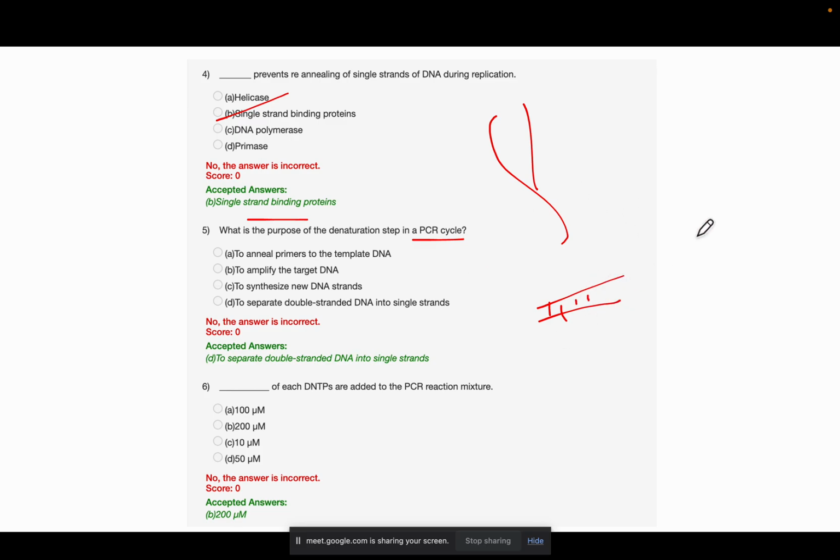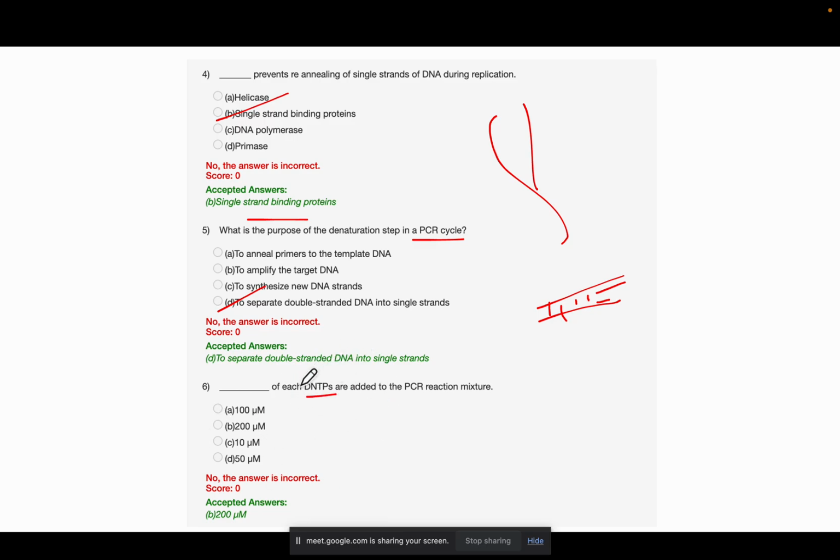To replicate one strand and simultaneously the other strand, you have to separate the double stranded DNA into single strands. So the answer will be, the purpose of the denaturing step in a PCR cycle is to separate double stranded DNA into single strands.